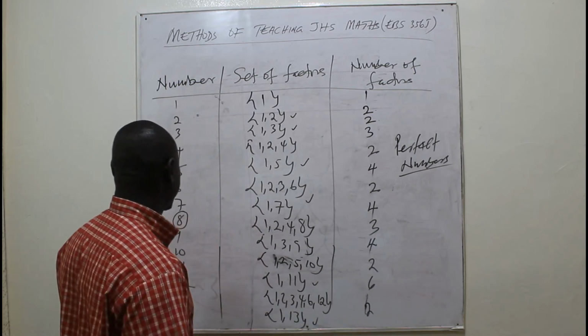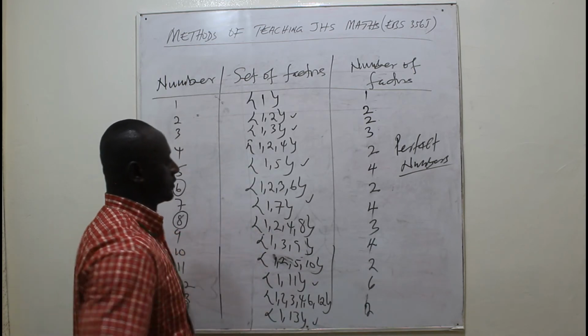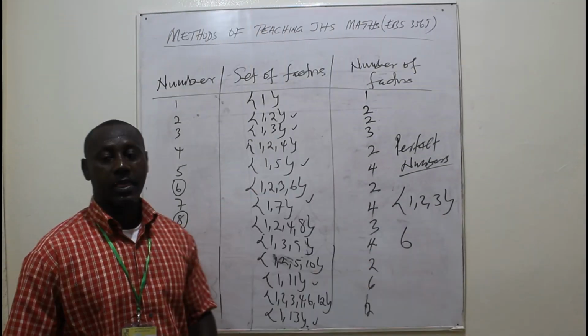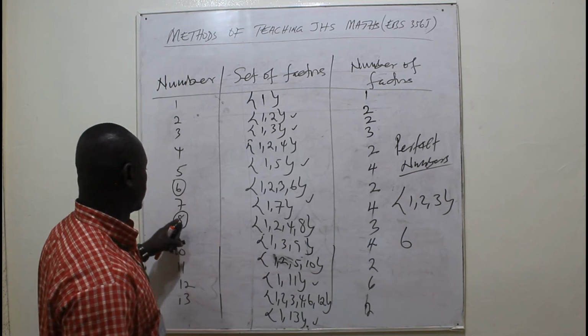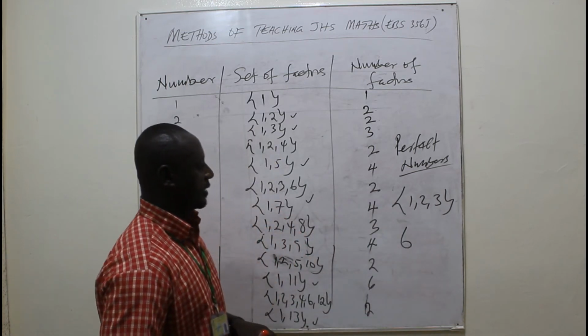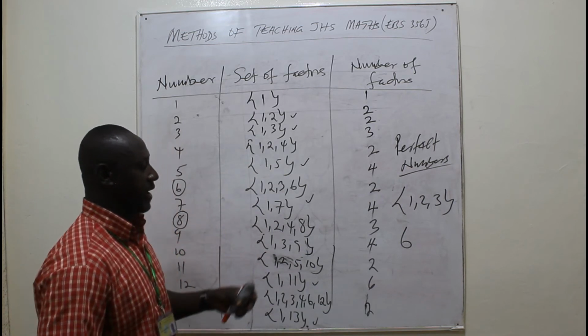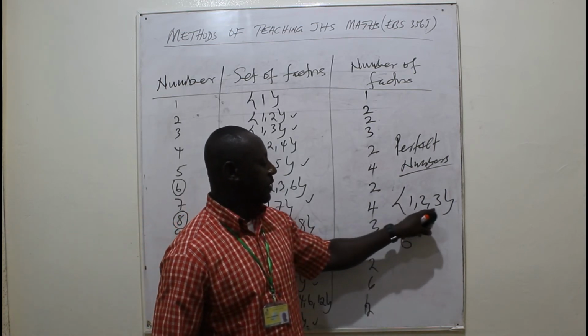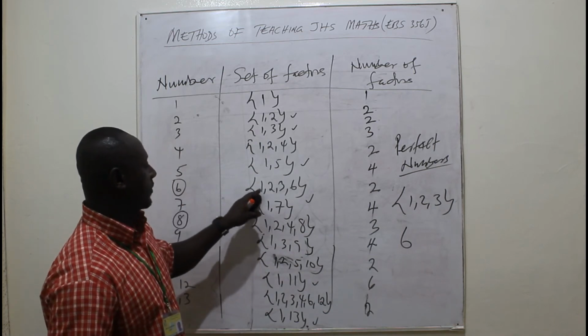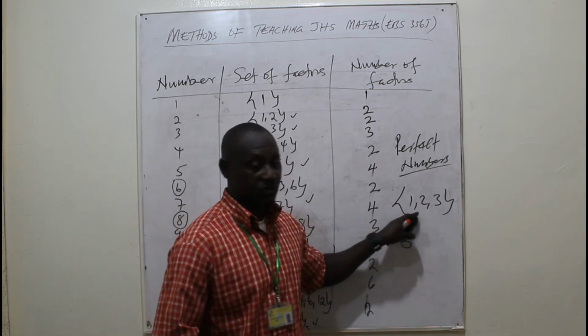Let's take, for instance, this number 6. We are saying 6 is a perfect number, because if you have the sum of its proper factors, and what are the proper factors of 6? We have 1, 2, 3 as the proper factors of 6.